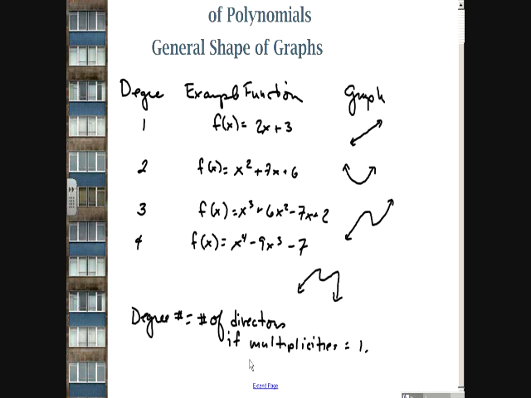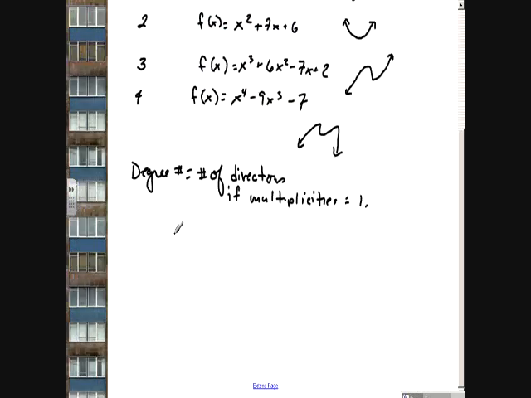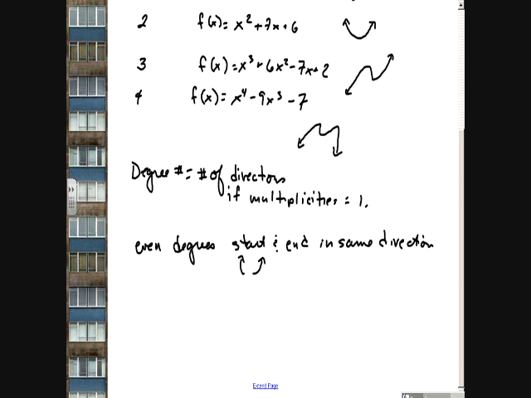Also notice, and we talked about this last week, but just to reiterate, even degrees start and end in the same direction. So either they're going to come from the top and finish going up, or they're going to come from the bottom and finish going down.